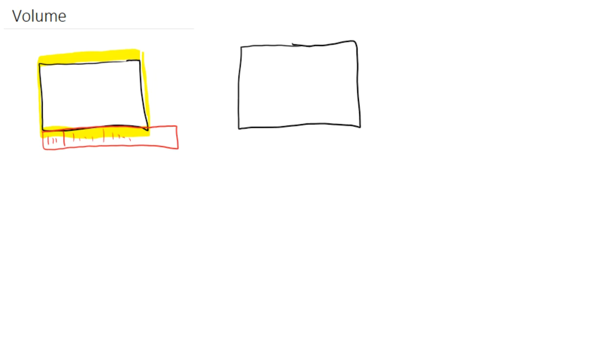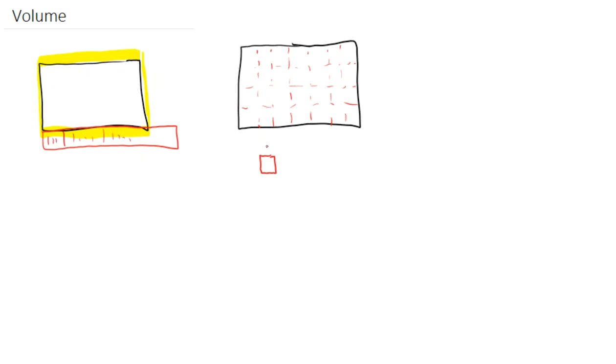The next thing we did was we looked at area. And area was essentially figuring out if I chop this shape into a bunch of somewhat squarish squares, then how many of those squares would it take to fill that shape up? And so there our unit of measurement was a square.